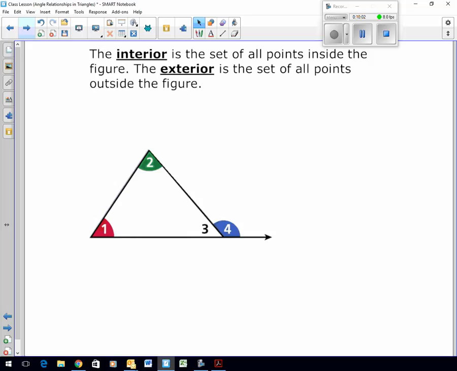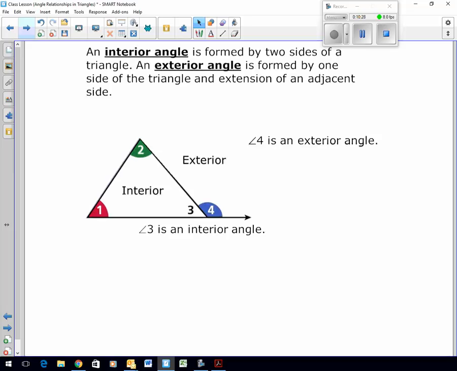That's what interior means: the set of points inside the figure, inside of the triangle. Jamie, what do you think the exterior angle would be? 4, because it's outside. This is called common sense. Interior means inside, exterior means outside, and even if I add a bunch of funny words to it, it still means inside and outside.